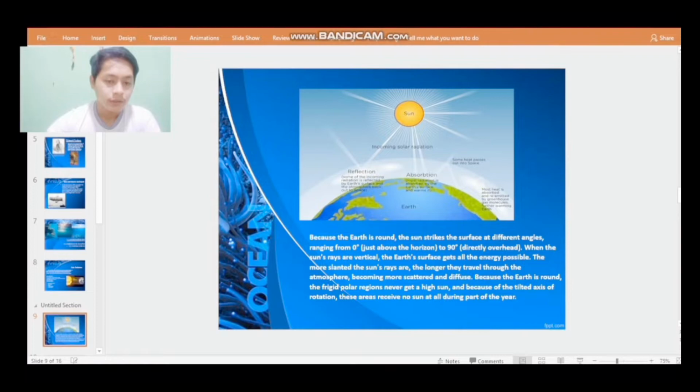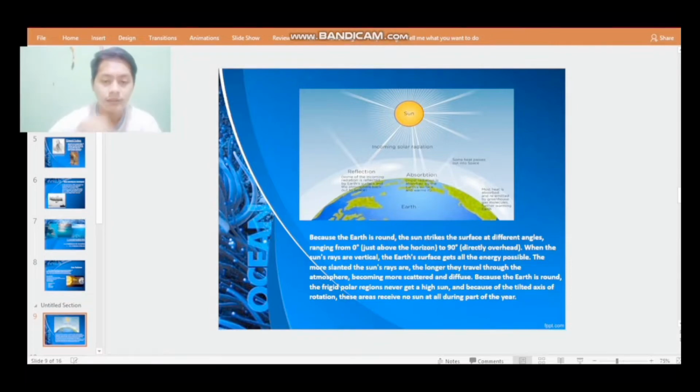Because Earth is round, the sun strikes the surface at different angles ranging from 0 degrees, or just above the horizon, to 90 degrees, or directly overhead. When the sun's rays are vertical, the Earth's surface gets all the energy possible.